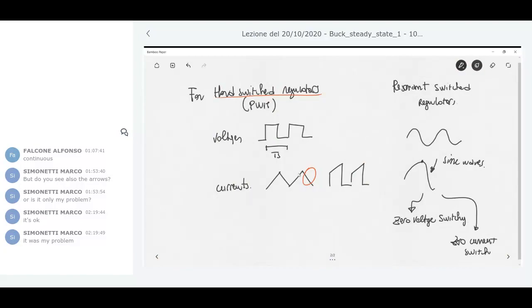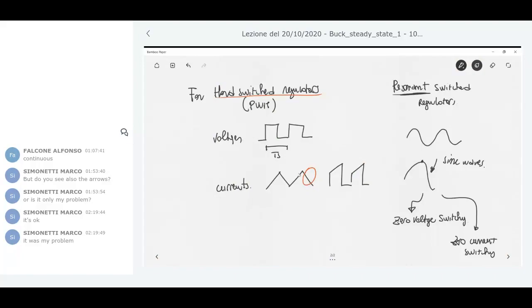There are two different branches for resonant switched regulators. And in this kind of regulators, commutation of transistors that are operated as switches always happens without dissipating any power.